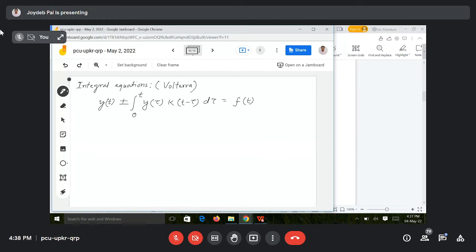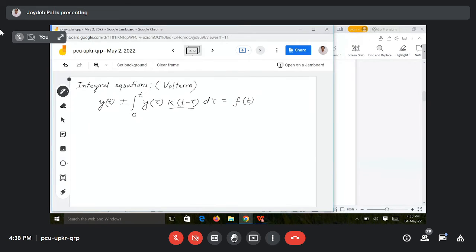So this is an integral equation. Where y(t) is actually the solution, and k is called, I forgot. There is some name for it.